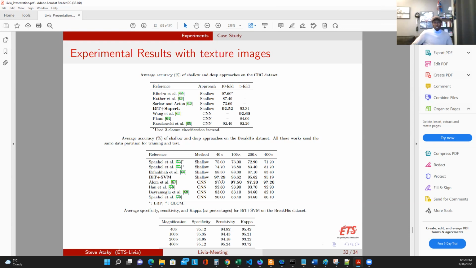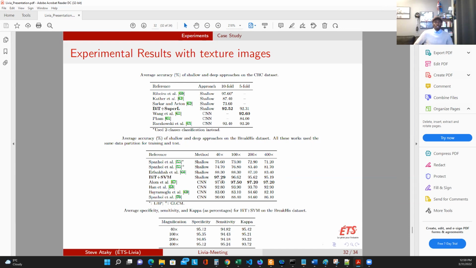But I personally was satisfied because, as you know, CNN is almost divine, even though for texture, CNN in the literature did not perform quite well for texture analysis. But the difference also is that the BIT here has a low computation.